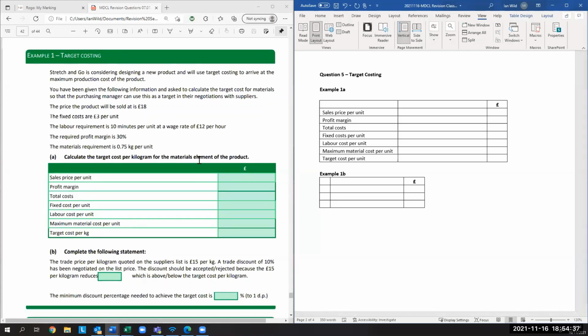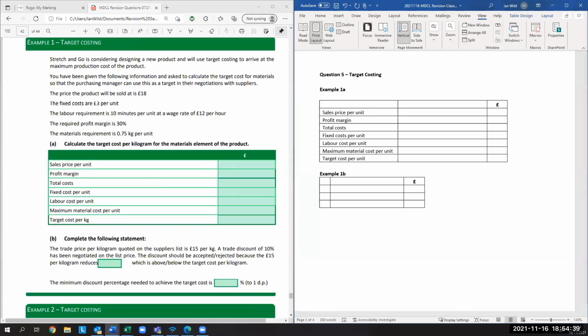Now, if we look at the question on page 41, the good thing about target costing is that the majority of the information is already given to you. You just need to read the question very, very carefully.